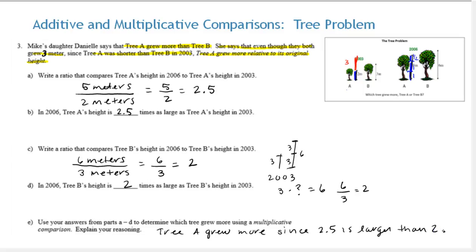So this is a multiplicative comparison, and now we've seen how we can compare things in two different ways. It's important that we know how to compare them in both ways, even though this section is going to mostly focus on multiplicative comparisons. Remember, the idea going through this is that we're comparing relative to some original amount. So we're comparing 5 relative to 2.